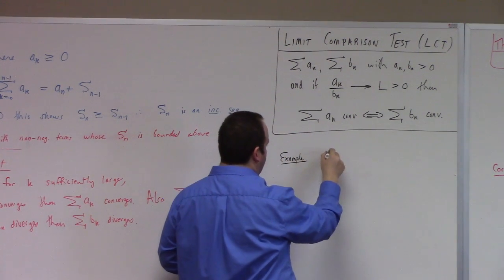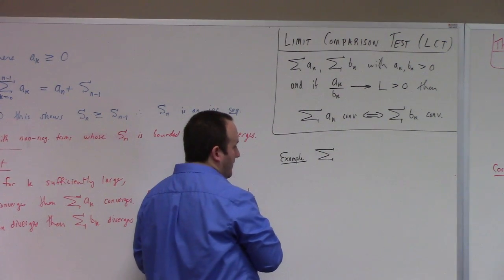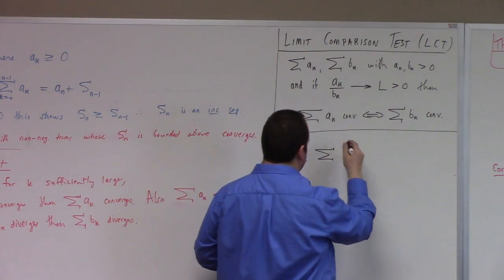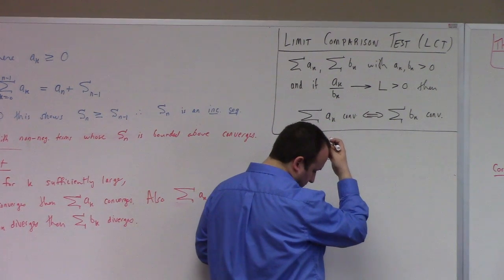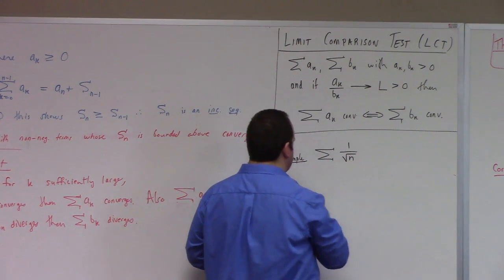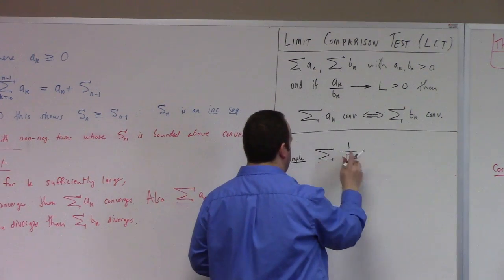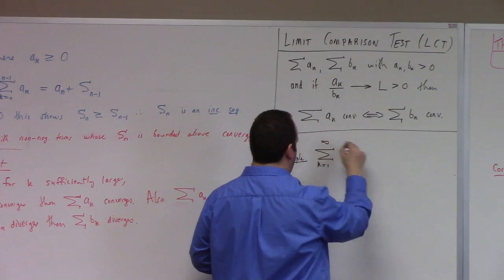How about this? If you look at the sum of one over the square root of k, k equals 1 to infinity.